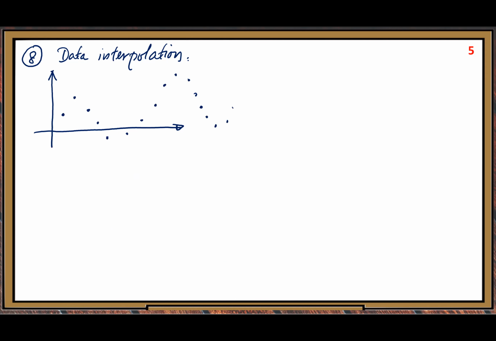High dimension is also possible, because your data points could be given in high dimension. It is hard to imagine, but it is possible.